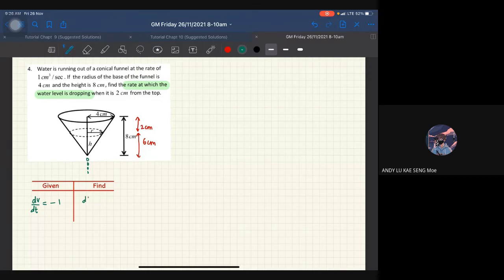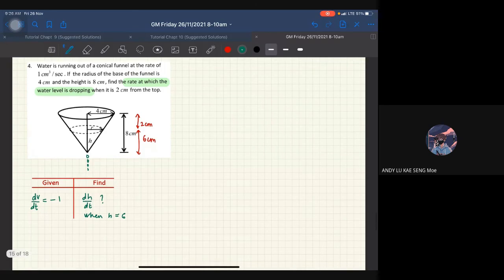So this one adalah dV. Okay, so dV dengan dV. Okay, so yang belah kanan settle, tak ada masalah. This one is equal to -1. Okay, so your problem is now with dH dV. So macam mana kita nak cari dH dV?